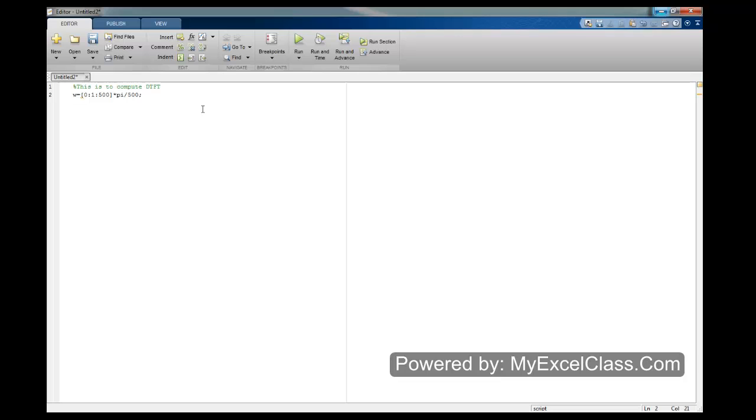So the x-axis is divided from 0 to pi, divided into 501 points. Okay.